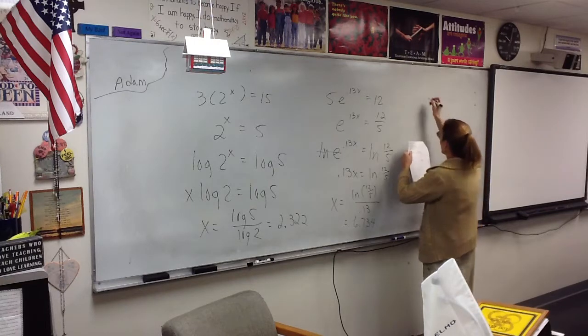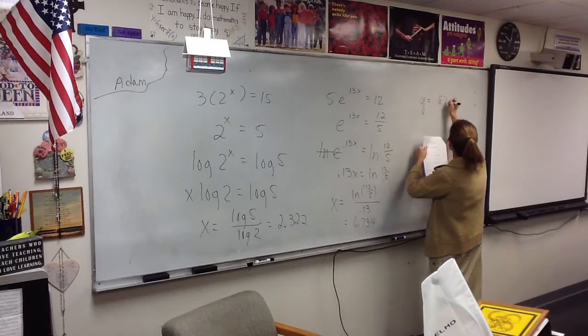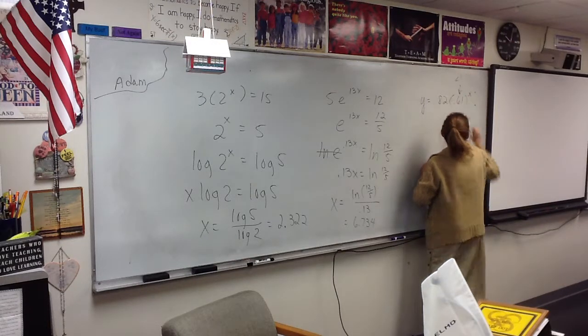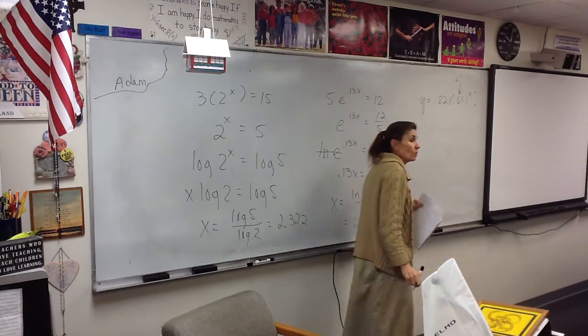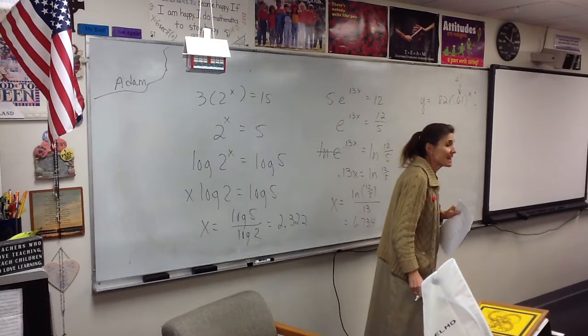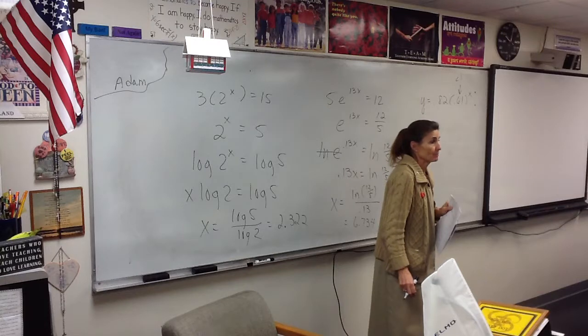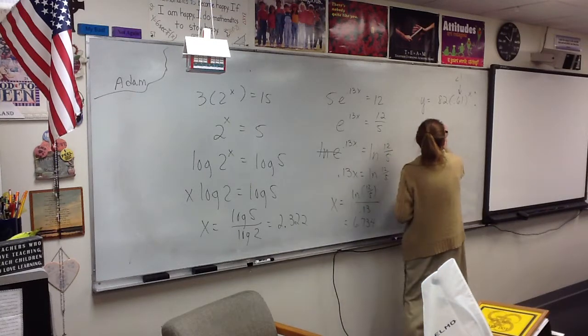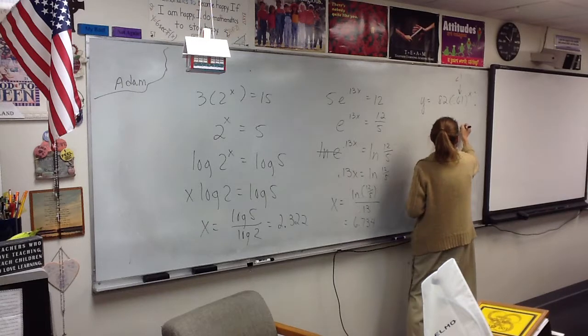It's a decay problem. And how do we know it's decay, Bryce? This number right here is less than 1. Therefore, we're decaying. How much less than 1 is it? 0.39. So this is a 39% decay problem.